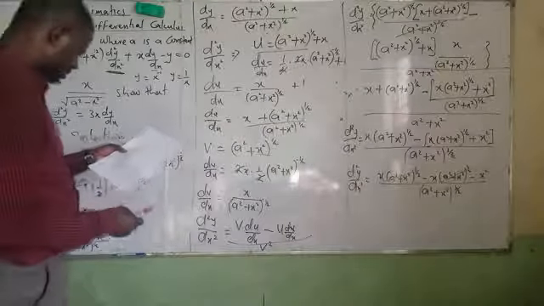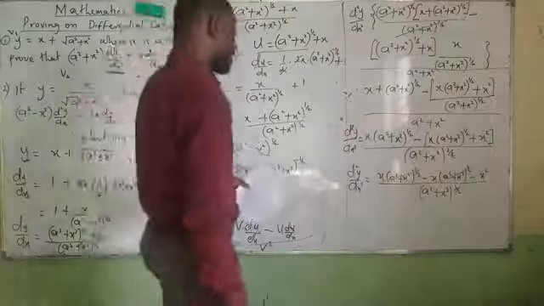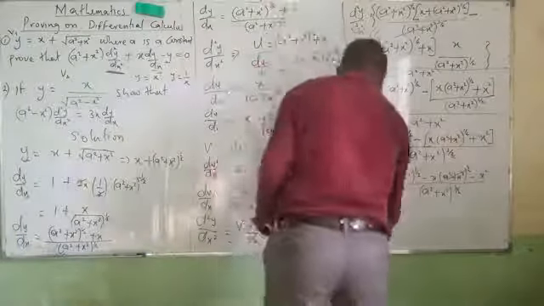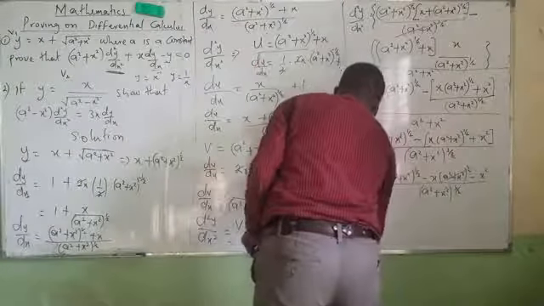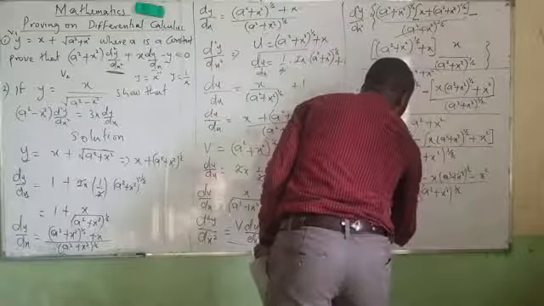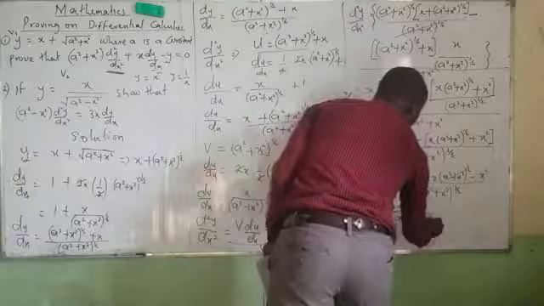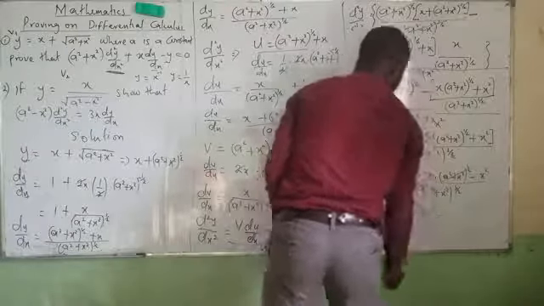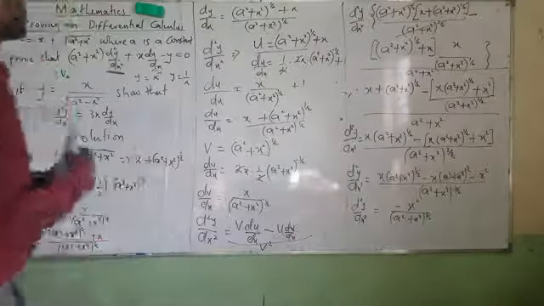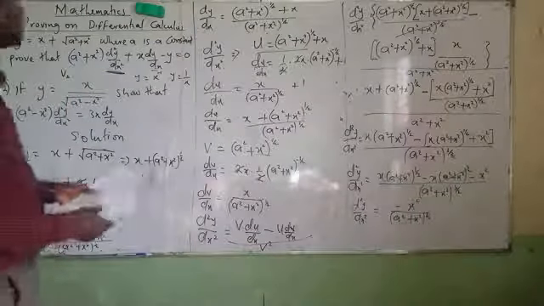Since it's that and that, it means I'll be having my d squared all over s squared will be equals to minus x squared all over a squared plus x squared bracket of 3 over 2. Now, I will now move on to the next one, hope there is no mistake.